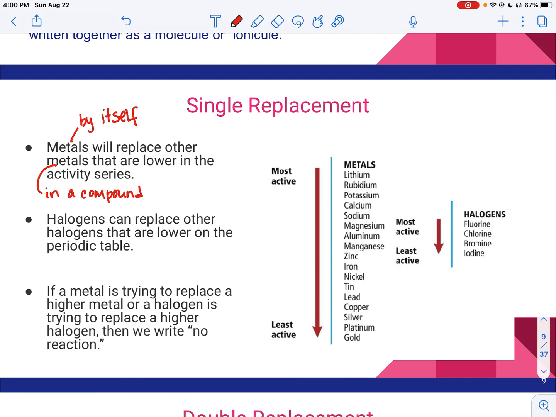For example, if you had K and you were adding that to NaCl, potassium is above sodium, so the reaction would happen. The K would replace the Na, so now it's KCl, and the Na would be by itself.